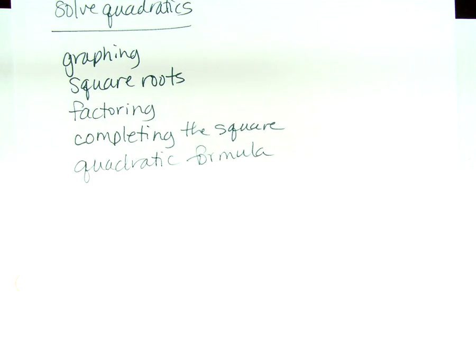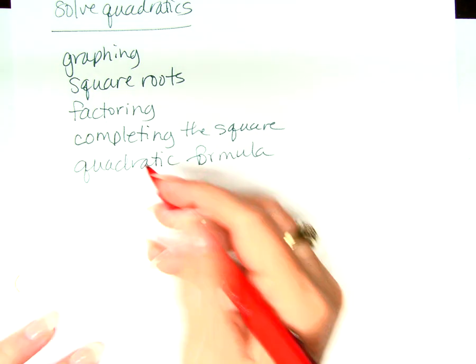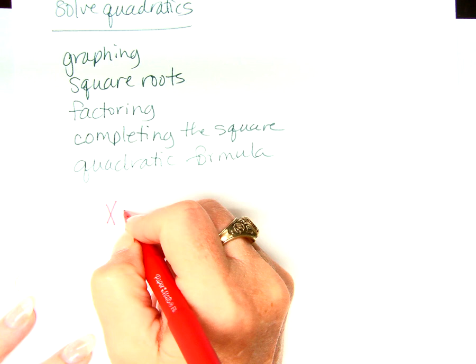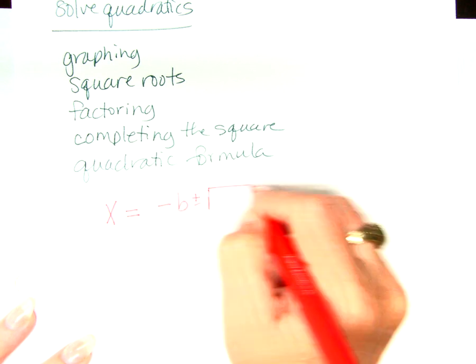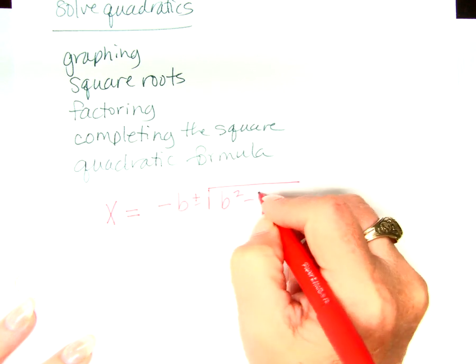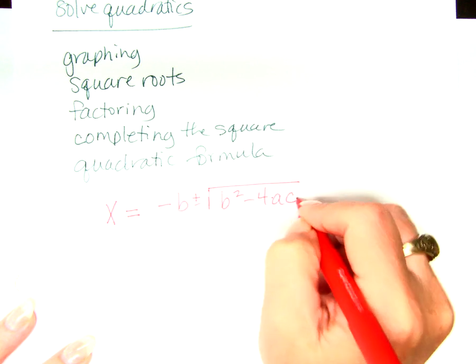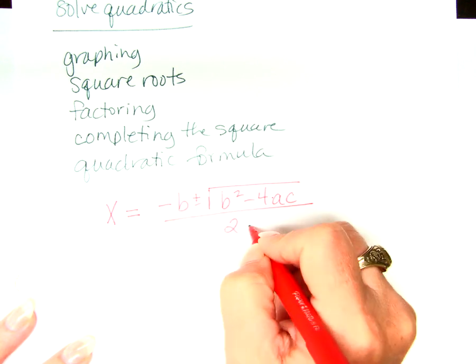And that way is the quadratic formula. Okay? That way is the quadratic formula. X equals negative b plus or minus the square root of b squared minus 4ac all over 2a.